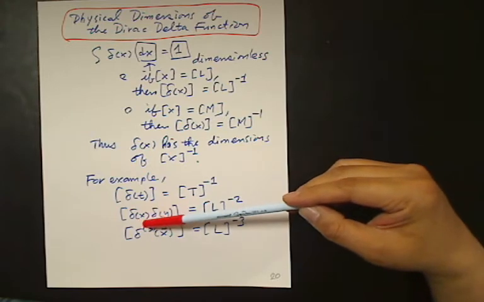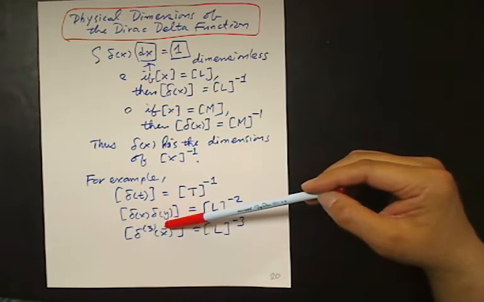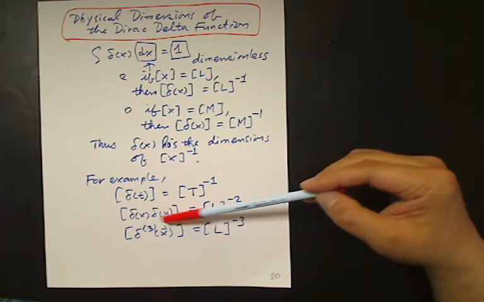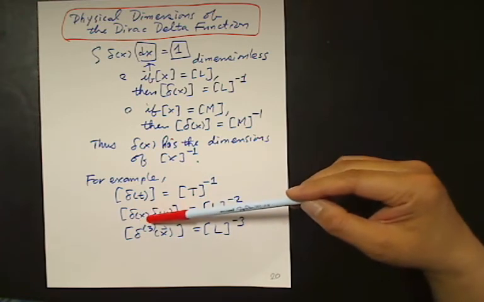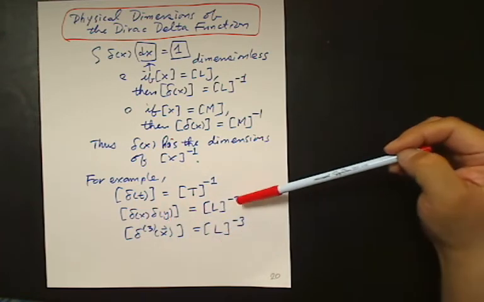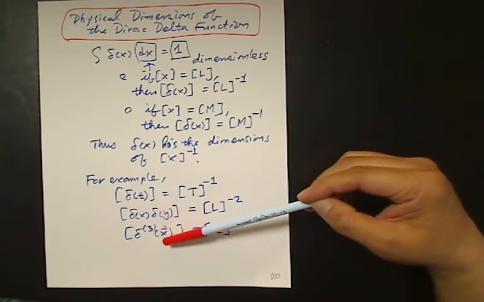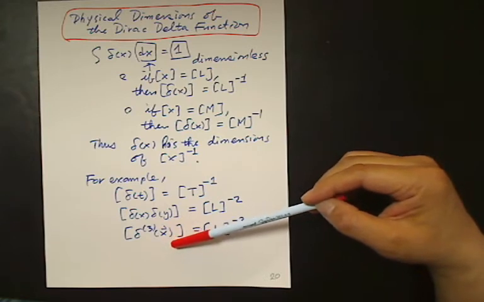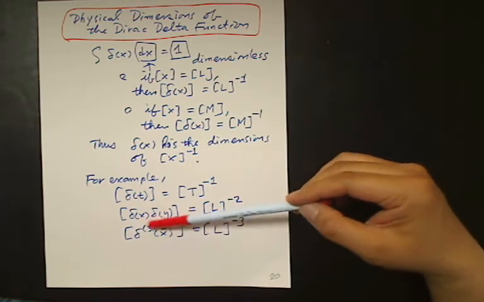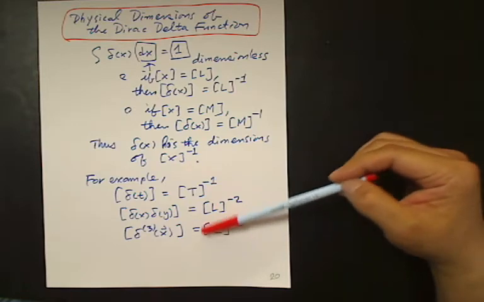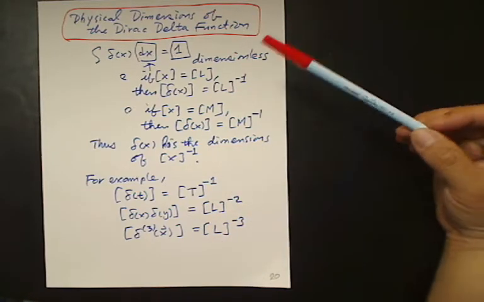If I have the two-dimensional delta function, delta of x times delta of y, we have dimension of inverse length times inverse length, so the dimension is inverse area. We also have the triple product, this three-dimensional delta function, which appears in the derivation of Gauss's law, and this one has the dimension of 1 over volume.